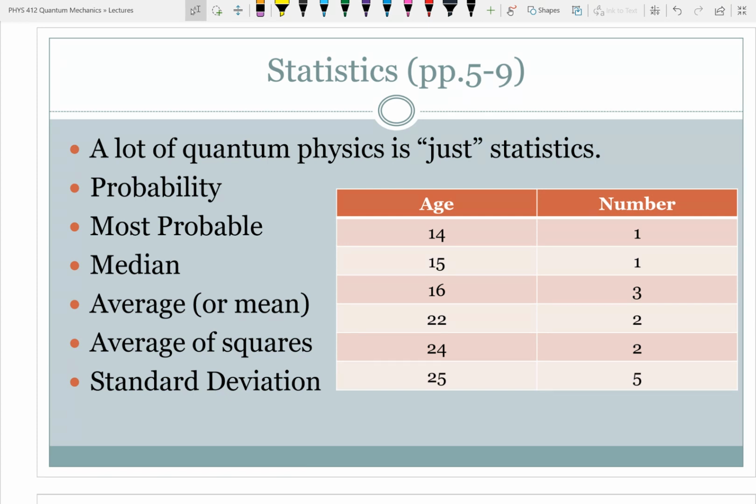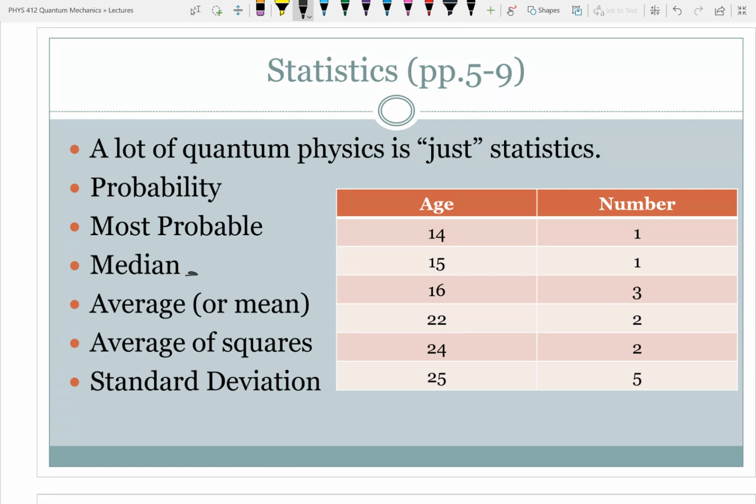And if I were to ask you, what's the median age? How do you identify the median? Yeah, it's the middle one. The median is the middle one. It's the one that, as the textbook says, you have equal probability of measurements being above it as you have below it.